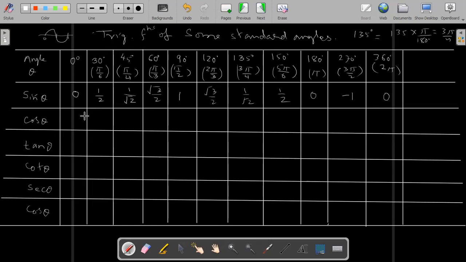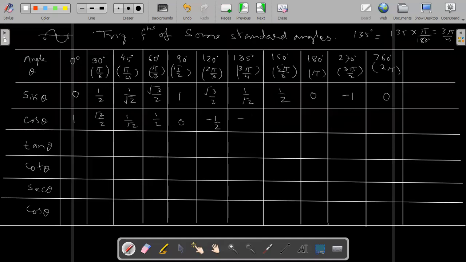Okay. So like this we can write the values of cos, which will be opposite of this. This one will be written here, root 3 by 2, then 1 by root 2, 1 by 2 and 0 in the reverse order. Then again it will start, but here this will be negative. For cos, from here you will write minus 1 by 2. All values will become negative.